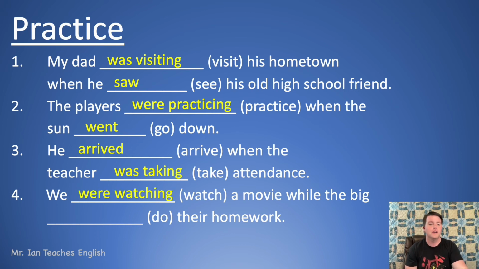Number 4, we were watching a movie while the big kids, sorry, while the big kids were doing their homework. So here we go. In this one, you have two things that are happening at the same time. Both of those things take time, so we can use both of them in the past continuous.